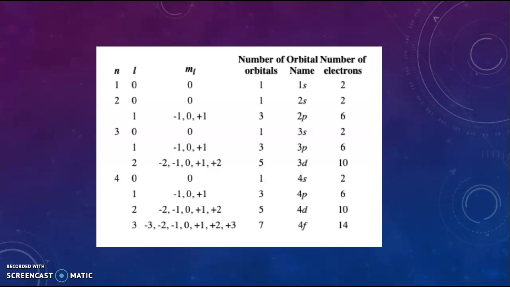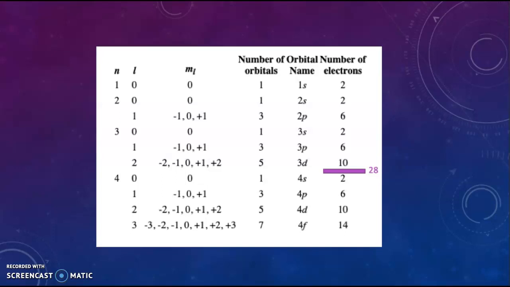So we have principal quantum number n equals 4, and that tells us that the first 3 shells will be filled. So let's add up all the electrons in those shells, which is a total of 28 electrons in the first 3 shells. Now let's count how many can be in the n equals 4 shell.